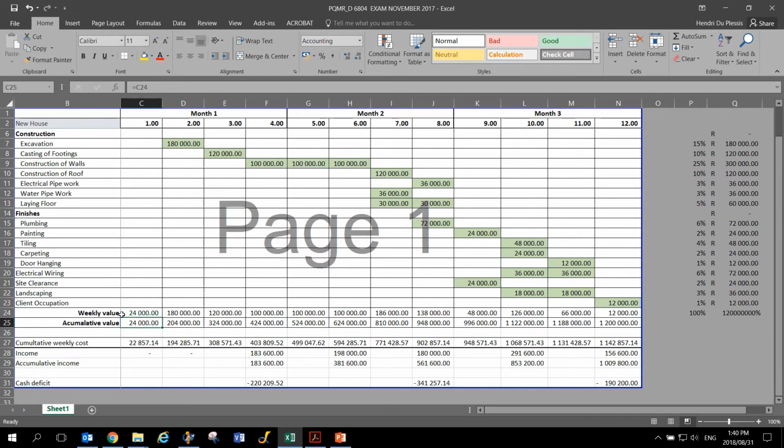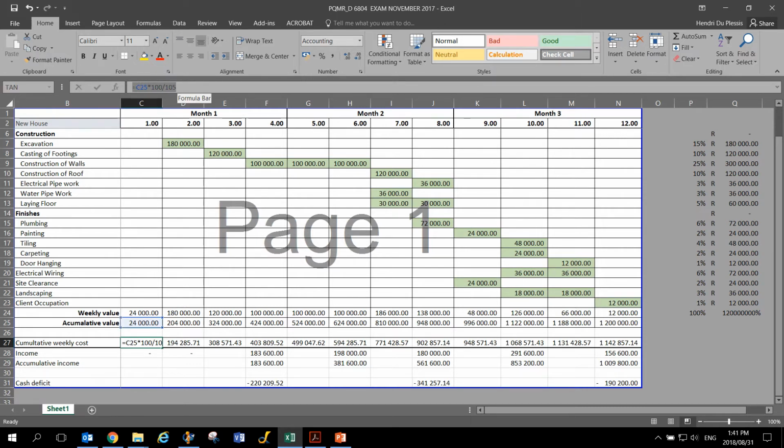Okay, then we're only focusing here at that section now. So your cumulative cost is your cumulative value deducted by your 5% markup. Okay, so now this is where your value of work, or your cost, is 100%, and then you add a 5%.